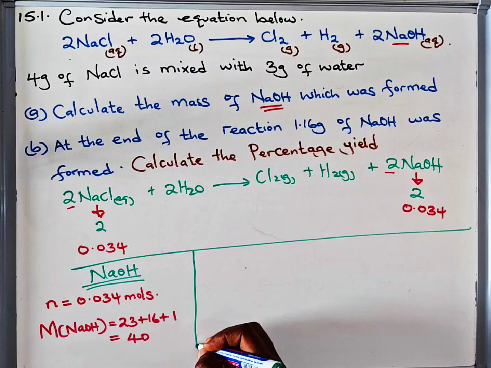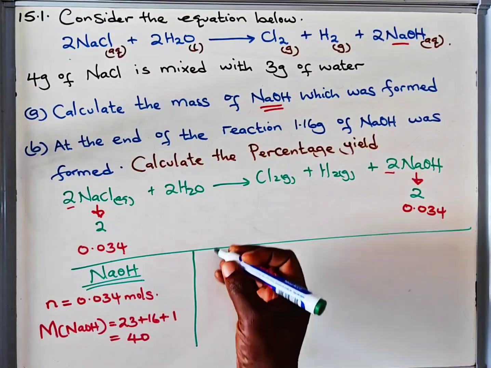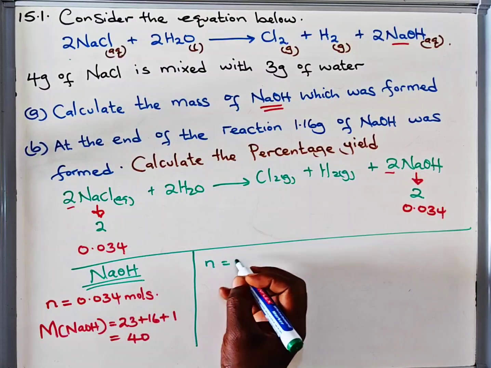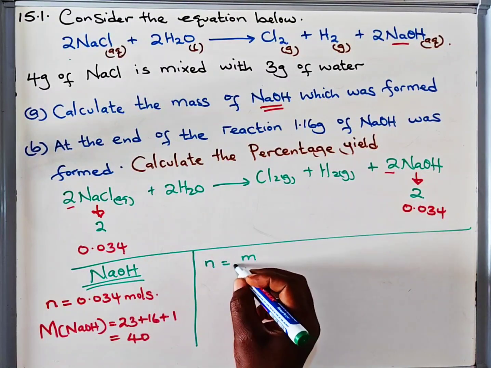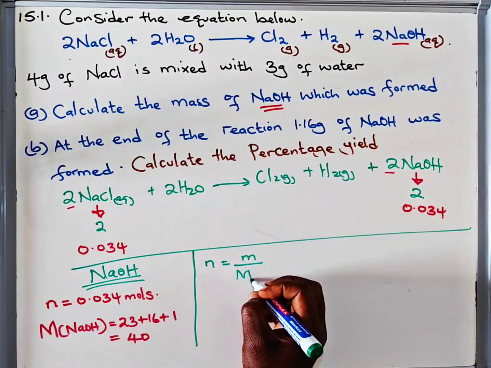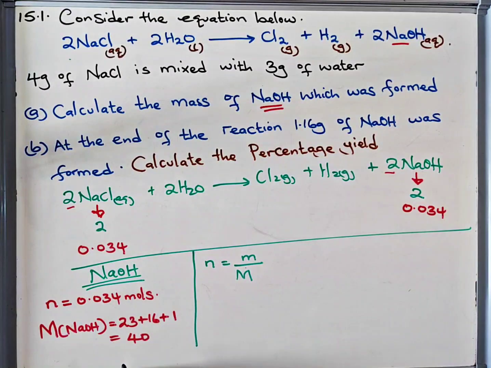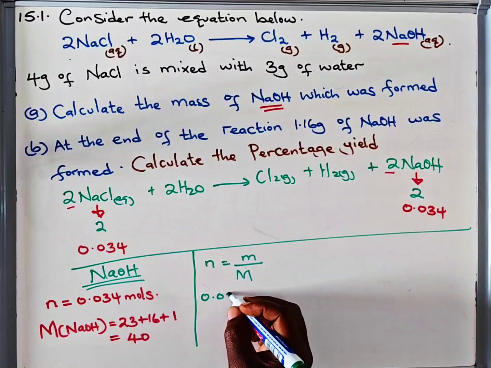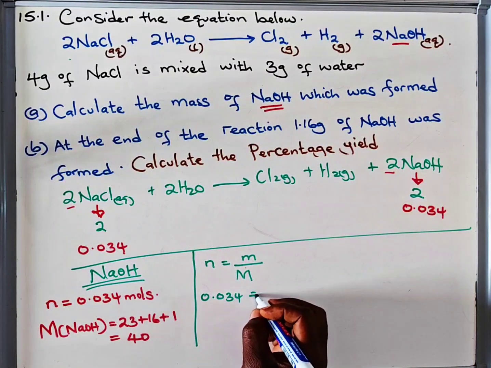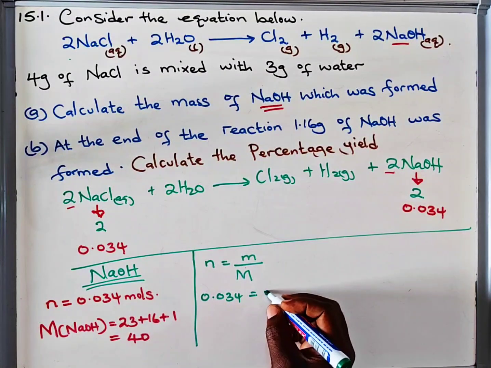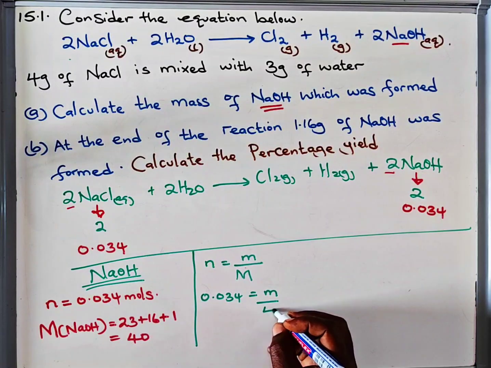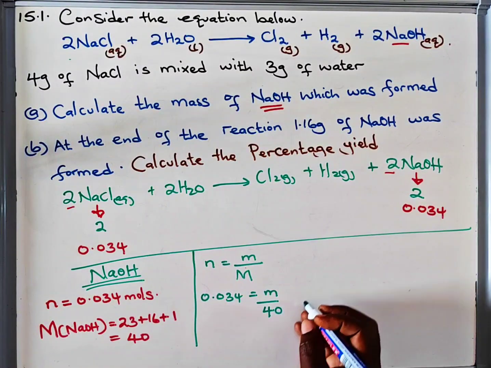Next step is to calculate the mass using the relationship which says that number of moles is equal to mass over molar mass. What is the number of moles? It is 0.034. And what's the mass? It is what is wanted. And what's the molar mass? It is 40.